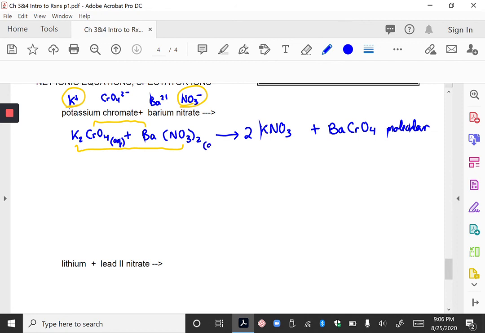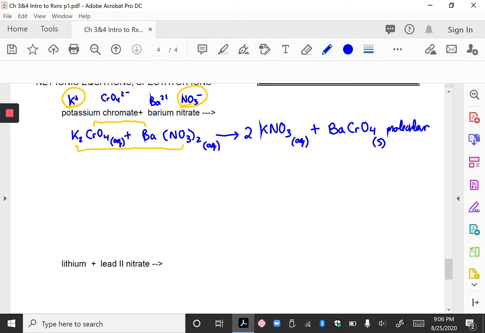This is also soluble, we write a little aq next to it. This one, also soluble, we know potassium and nitrate salts are soluble, but this one is not soluble. And so we either put an s for a solid, or we put a downward arrow showing that it precipitates. And anything that is aqueous, like we said, we are going to show that dissociation of the ions.